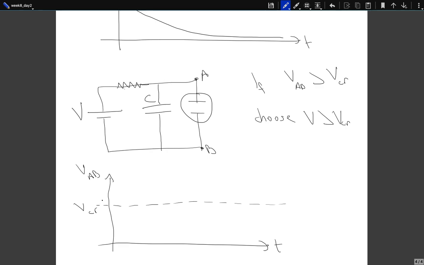This is V critical. V over C, now V is somewhere over here. This is V. Initially, the capacitor is not charged, so the potential across is 0. As the capacitor is charged, the potential will increase.